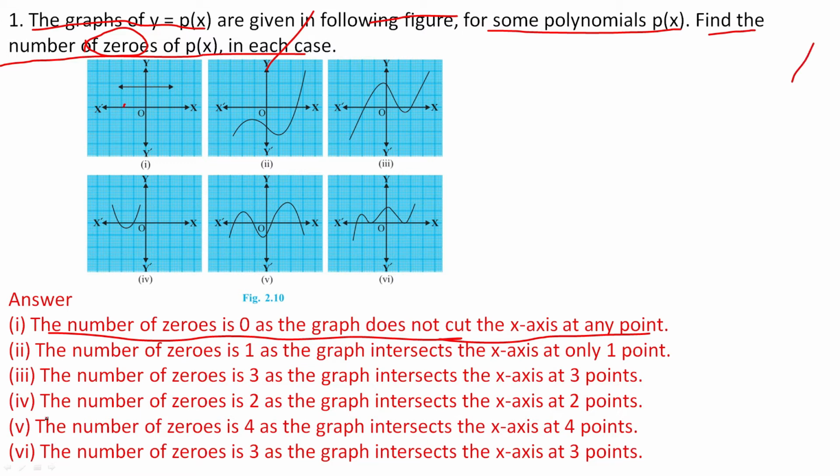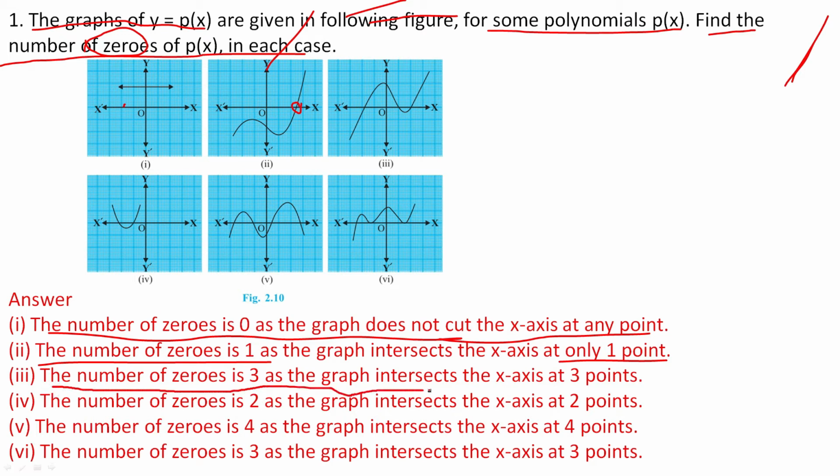So the number of zeros in the second graph is 1, where the curve intersects the x-axis at only one point. Third case, the number of zeros is 3.